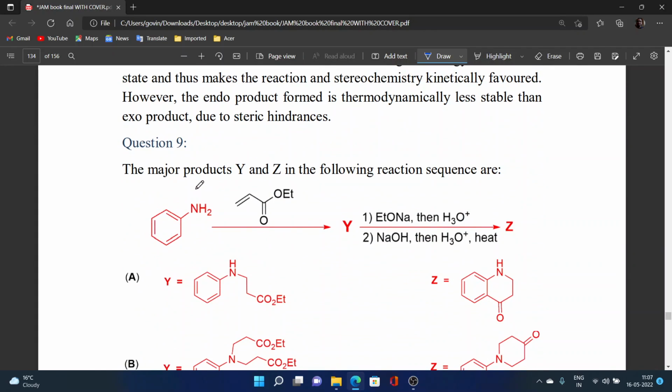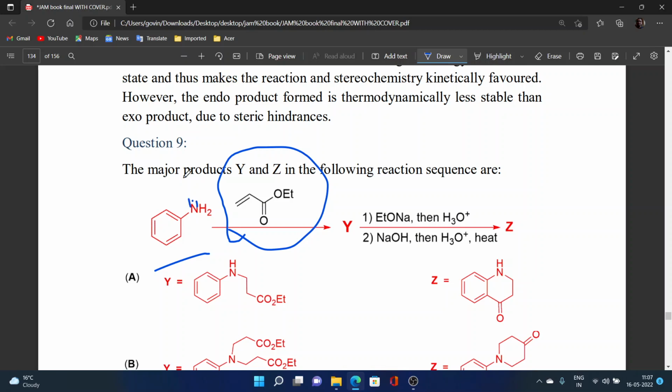The next question: the major products Y and Z in the following reaction sequence. So we can see here the first step is the reaction of aniline with an alpha beta unsaturated, not ketone but ester, but very similar to a ketone. So now we know nitrogen is not very electronegative, it is much less electronegative than oxygen.